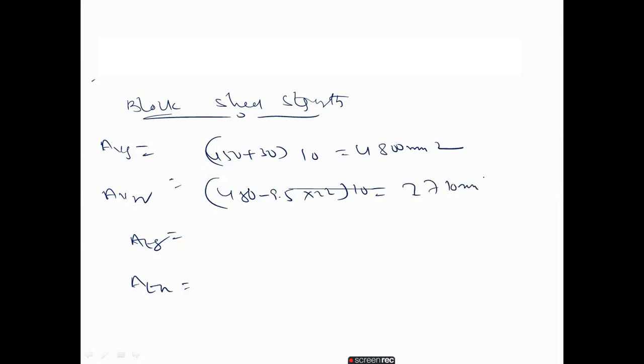If you observe here, the gross area and net area in the shear we are calculating, and the same way in the tension portion.